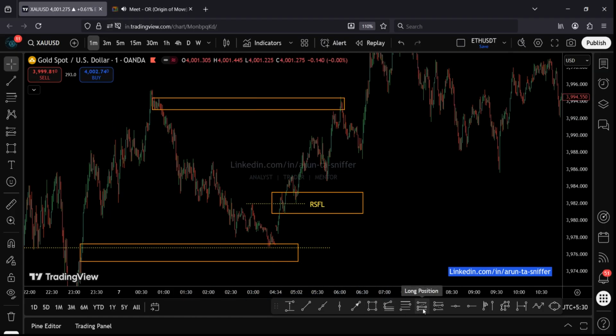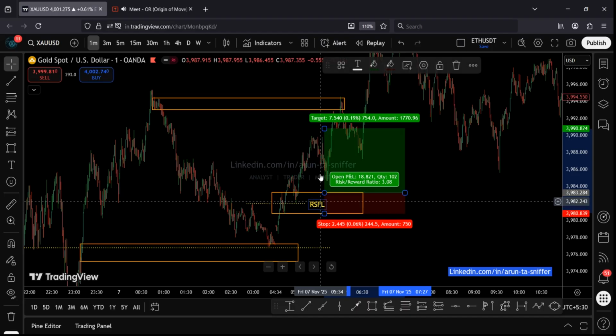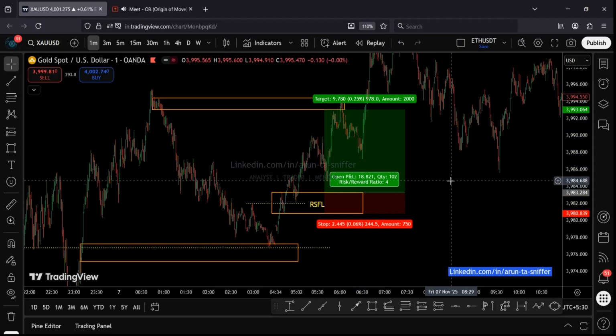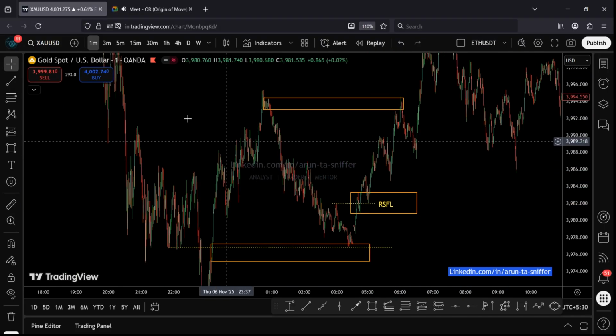So we can take entry here. Put stop here and trade till here. This one is almost 1:4. Right? This one is 1:4. So let's find another example of RSFL.